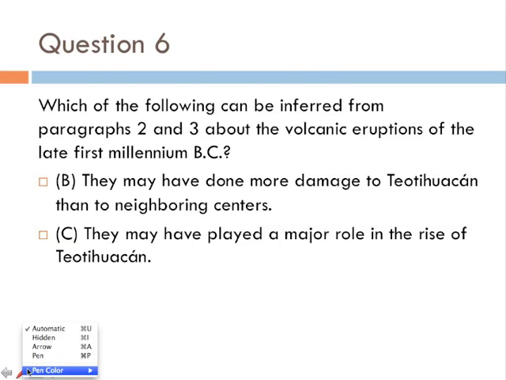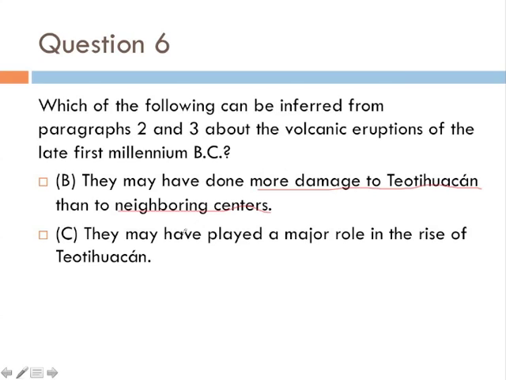Well, if I look at B, let's make sure that the information is correct. The earthquakes may have done more damage to Teotihuacan than to neighboring centers. Well, in our translation, remember, the volcanic eruption seemed to do damage to the other cities, not to Teotihuacan.